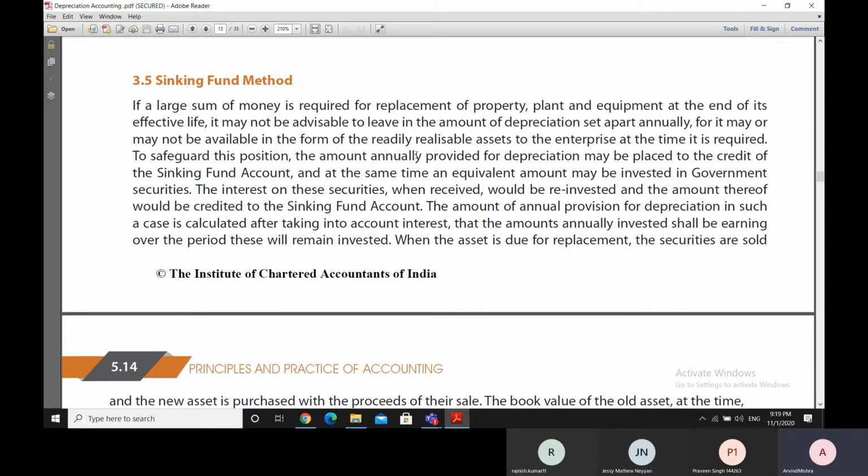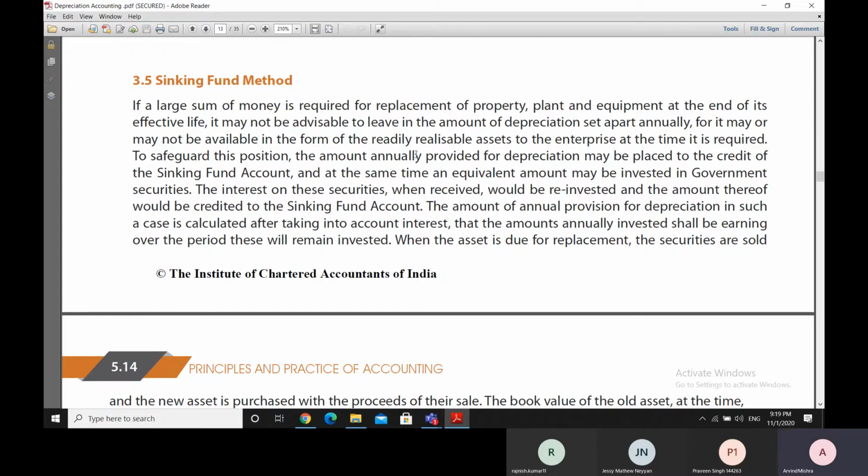So if we set apart some amount of depreciation annually, either by creating a reserve or by creating some provision, it is possible that that reserve may not be available to us in a readily realizable form, so that when the time comes to replace the property, plant or equipment, we are not having any liquid assets, or rather cash, with which to buy a new property, plant or equipment.